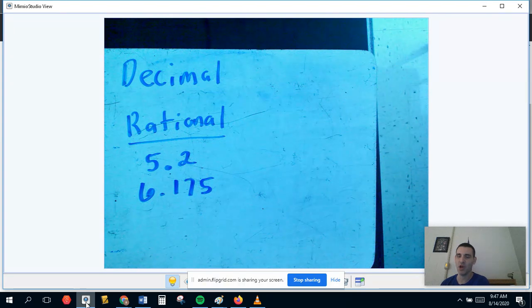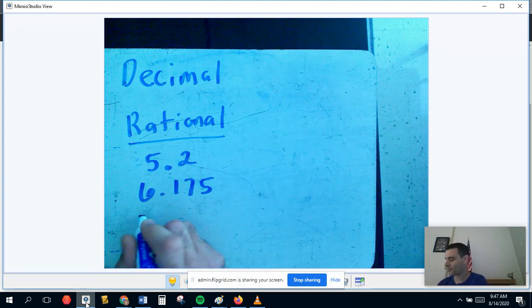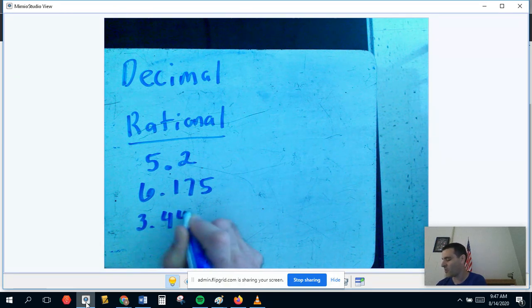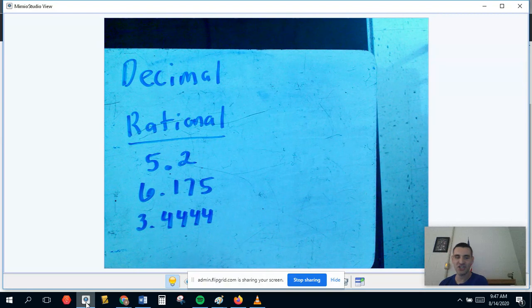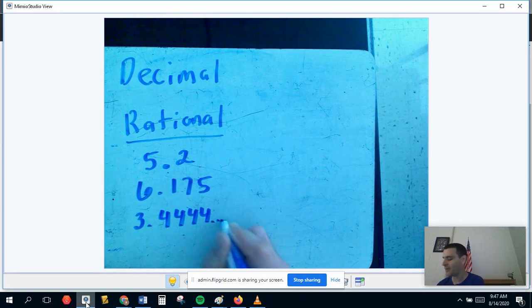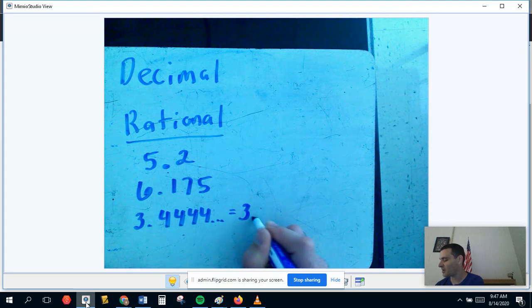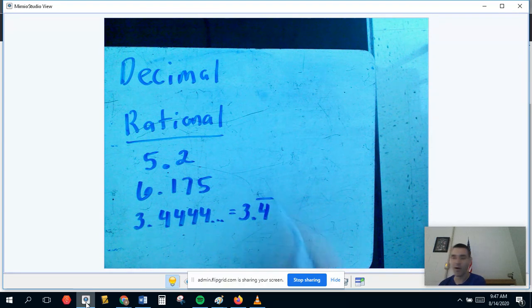Okay, it doesn't go past that at all. Repeat would be something like 3.4444, and it just keeps doing that forever, dot, dot, dot. Okay, sometimes you may say a dot, dot, dot, or they'll just write it like this, 3.4 with a little bar over it. Okay, it's shorthand for it repeating forever.